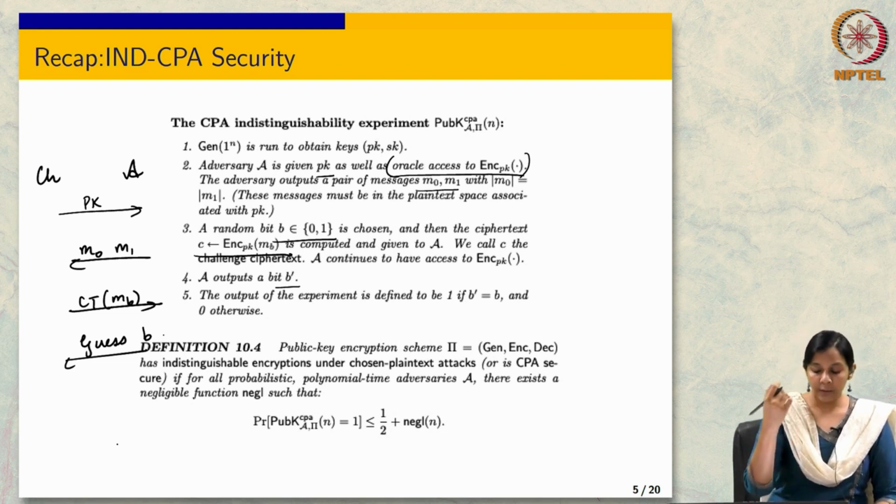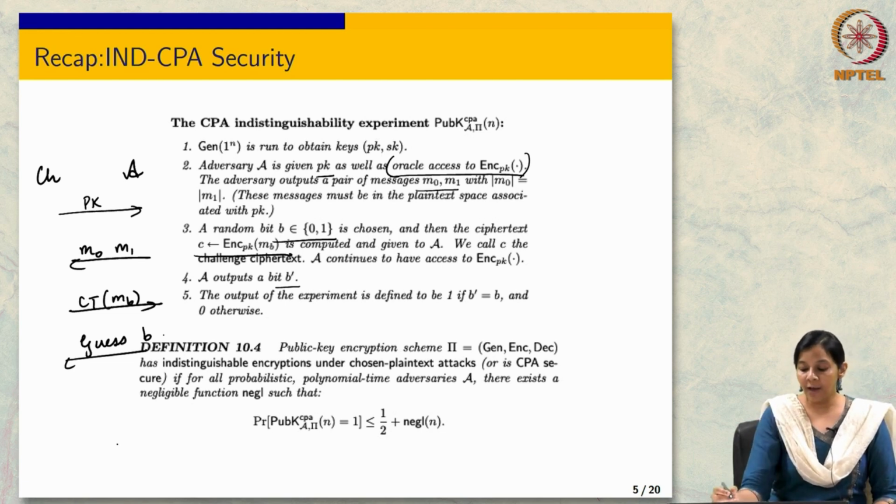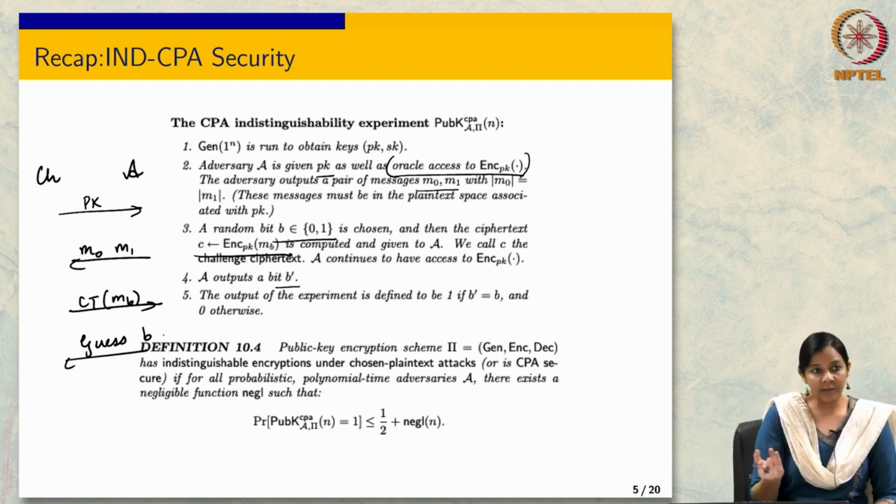What you are suggesting is that if I have oracle access to Enc, then I could get the encryption of M0 and the encryption of M1. In fact, it can be even simpler. I have the public key, so I can just compute it myself. Either way works.